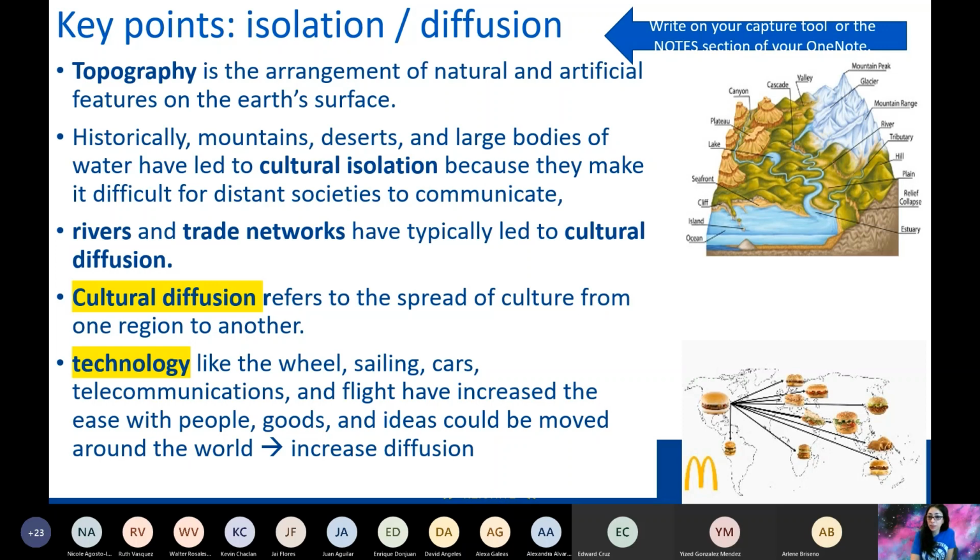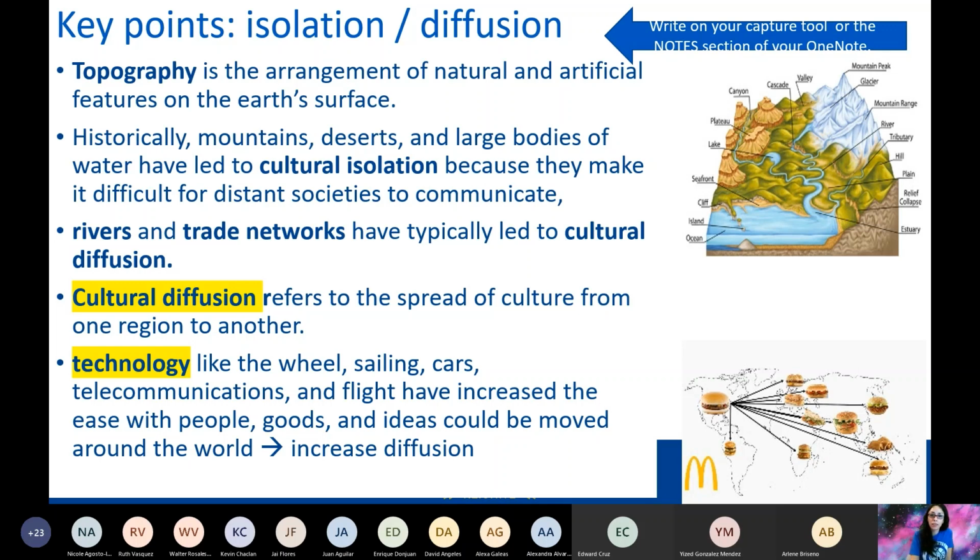Some of these features, as we have learned, make it hard for societies to communicate, leading to cultural isolation, like mountains, for example, or giant deserts like the Sahara Desert for Egypt. Other features make communication a lot easier, like rivers, and trade networks, which are man-made, but they usually are affected by topography, if you can trade in a place or not.